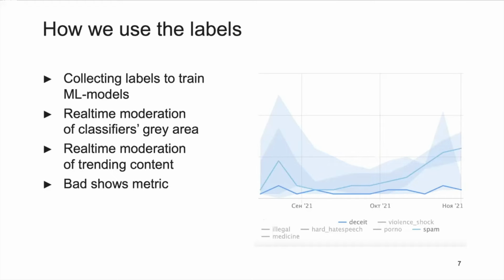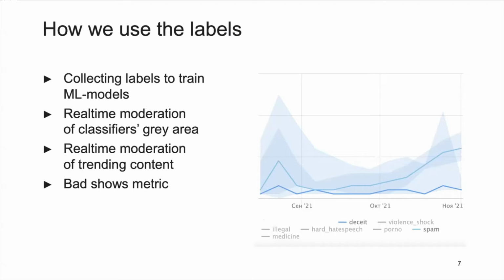But sometimes classifiers are unsure, and in a situation like this, we want to send the content to Toloka to get a label from an actual human. We also want to pay special attention to content that is trending on our platform because it gets lots of views, lots of engagement, and we want to label it even if classifiers said it's okay.